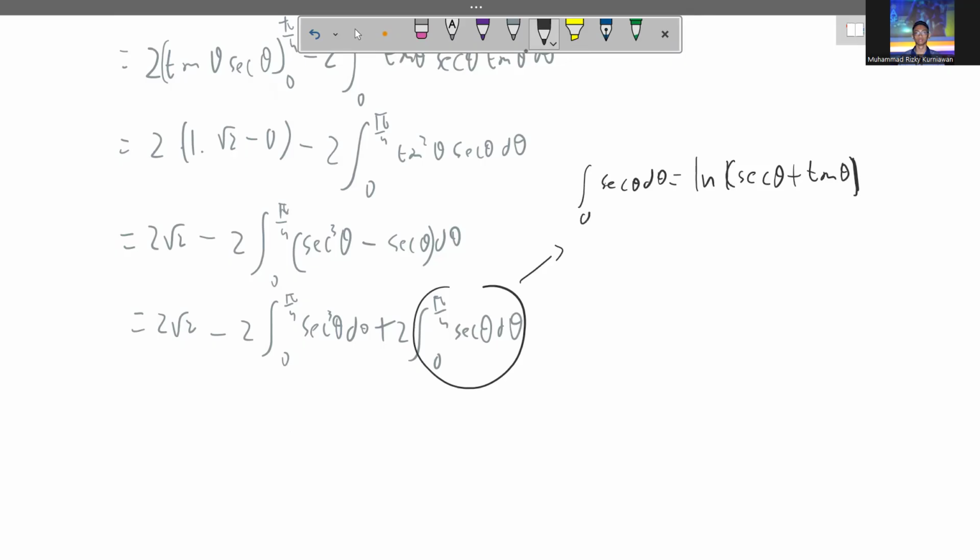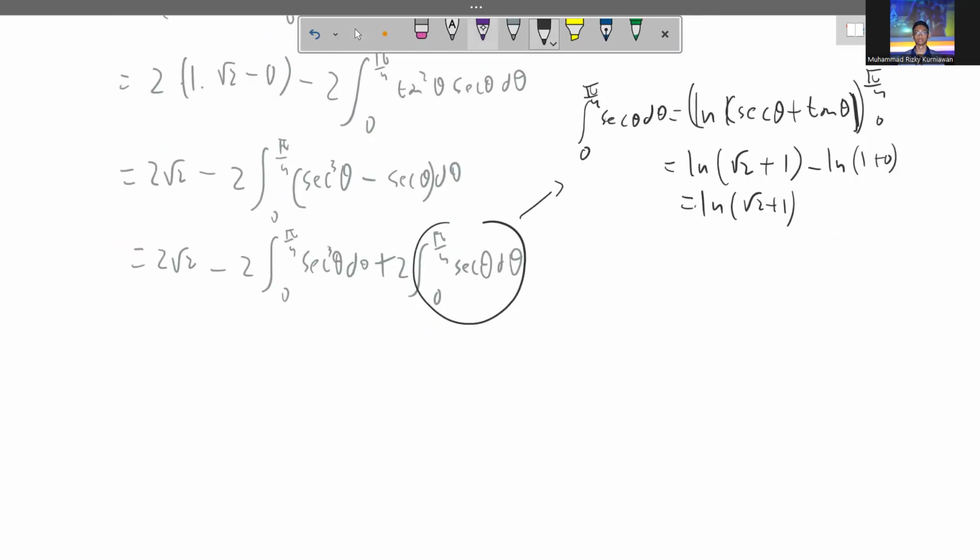And if we plug in the integration bounds, then we get ln of secant of pi over 4, which is square root of 2, and tangent of pi over 4, which is 1, minus natural logarithm of the secant of 0 is 1, and the tangent of 0 is 0. So this is natural logarithm of square root of 2 plus 1.